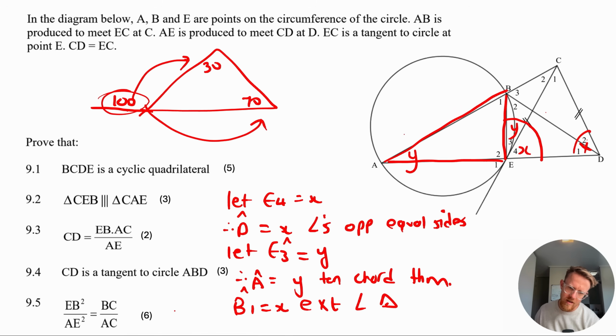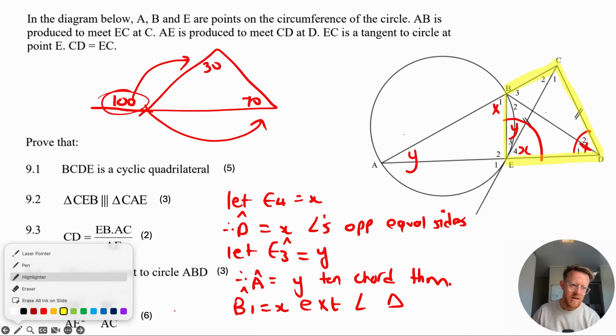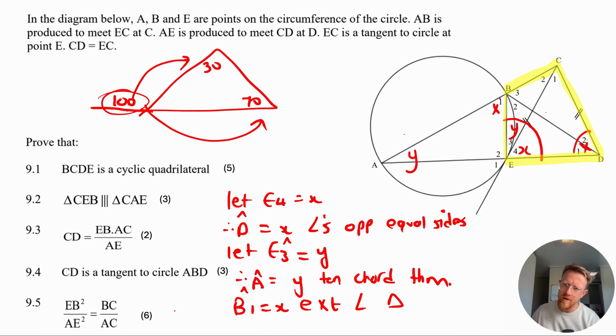Why am I doing that? Exterior angle of a triangle. Okay? Now here's where the magic should reveal itself to you. So if we have an x over here now, look at this shape here, which is the one that we're trying to prove is a cyclic quad. Can you now see that we have pretty much shown that this exterior angle is the same as the opposite interior angle?